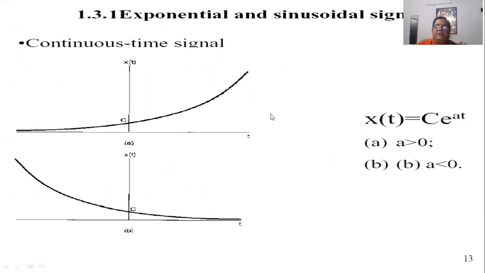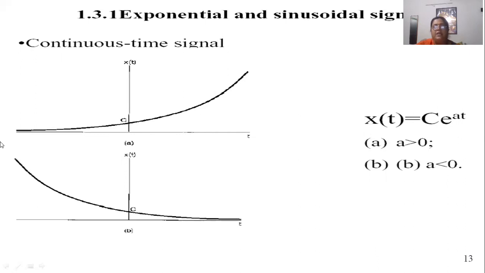Now we'll discuss exponential and sinusoidal signals. This is the continuous time signal. It is represented by an exponential signal, where e to the power of minus t or e to the power of plus t. The signal amplitude is increasing, and it goes decaying to 0 toward minus infinity, starting from here.